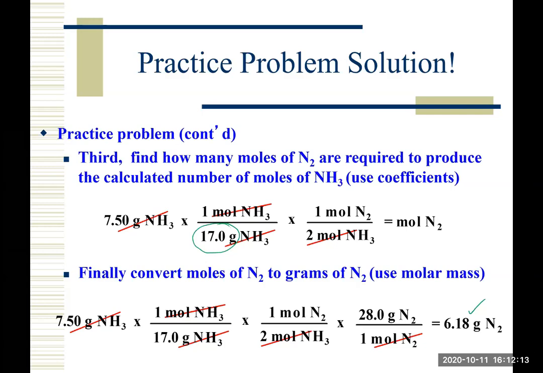So I would never put on a test, for example, answer A is 6.17 grams of N2 and answer B is 6.18 grams of N2 because I know either one of those answers would be correct. Not unless answer E said A and B. So you don't need to worry about having answers that are going to be ambiguous like that.